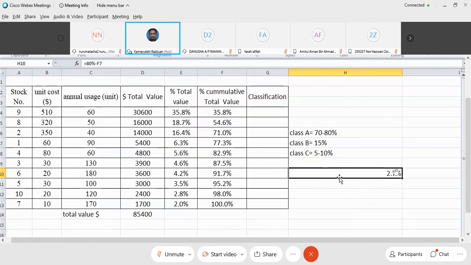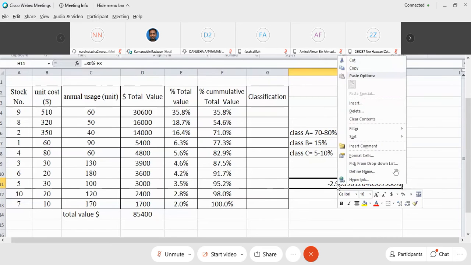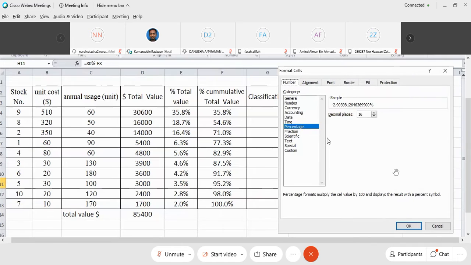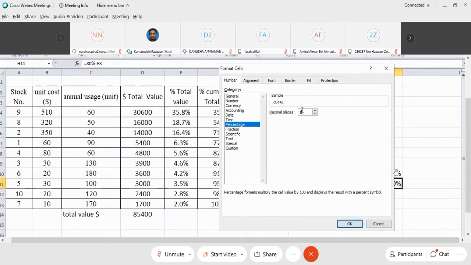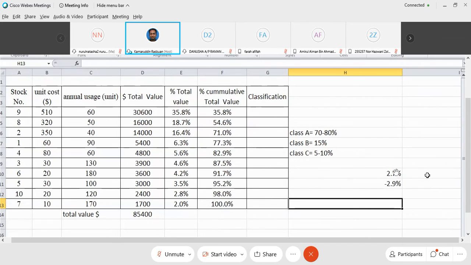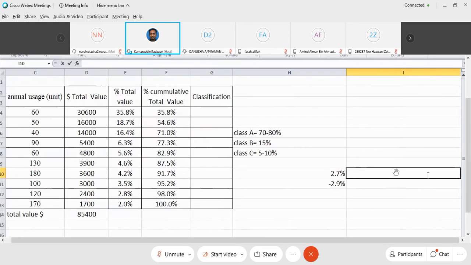The difference between 80% and 77.3 is 2.7 percent. And for this one, 82.9%.